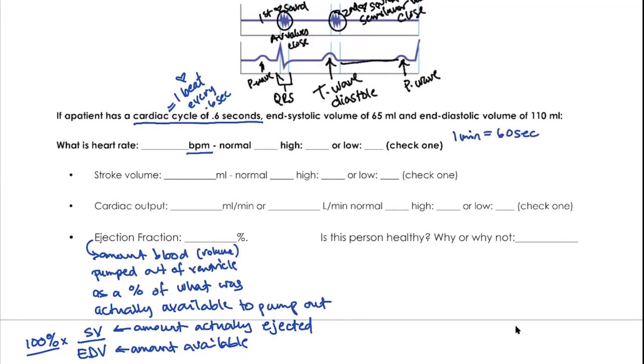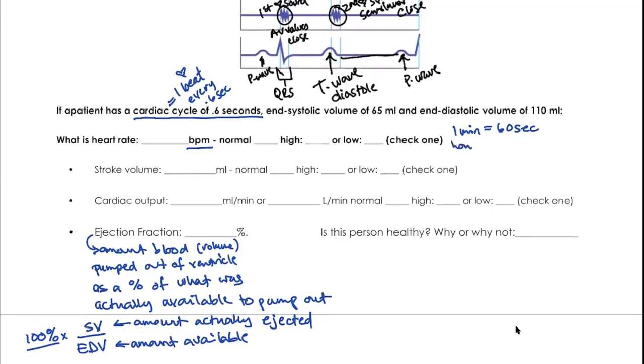And then you ask, how many 0.6 seconds can we get in 60 seconds? Another way to do that is to divide 0.6 into 60, right?